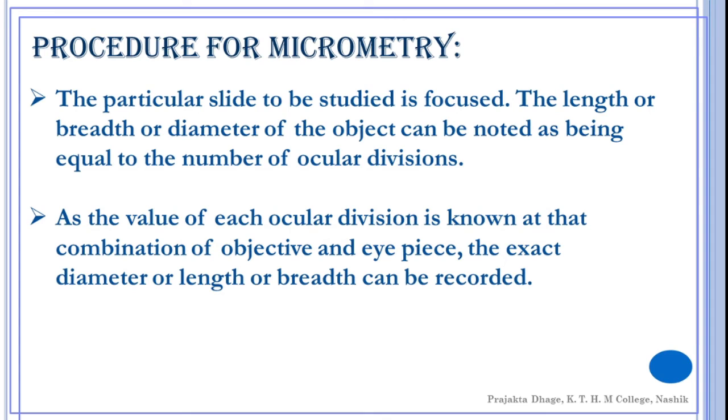Now we will move on to another topic which is called camera lucida. So basically, camera lucida is an accessory instrument of the compound microscope. Okay, and it is attached to the top of the monocular body tube of the microscope. Now what is the purpose of this?